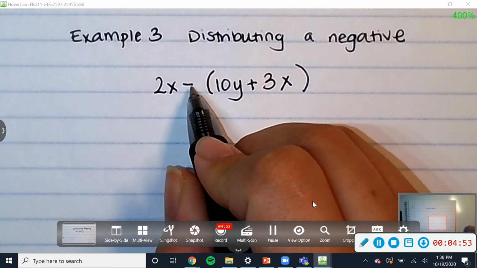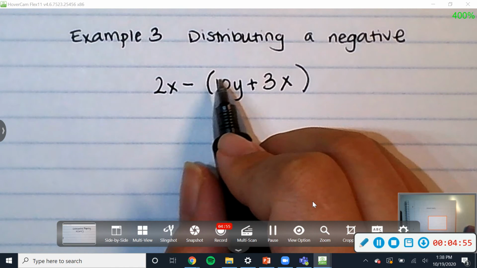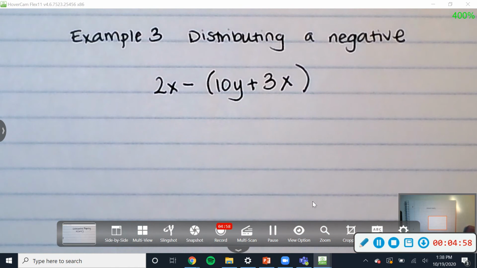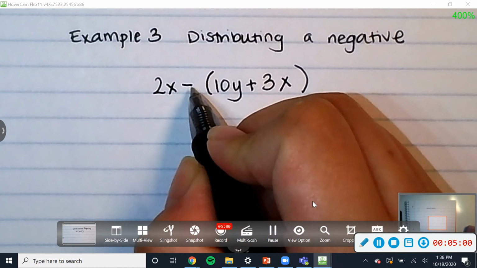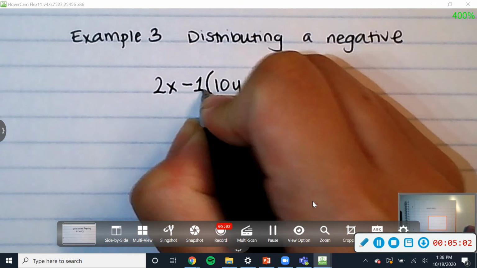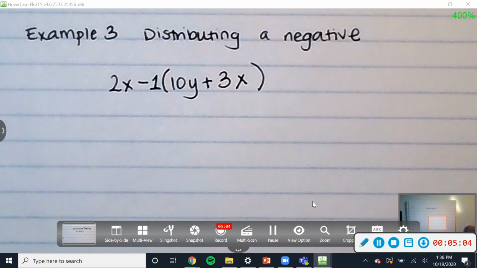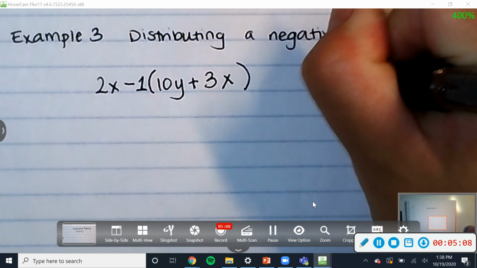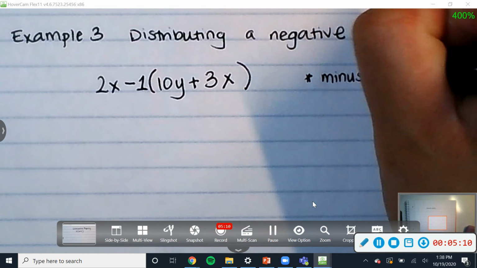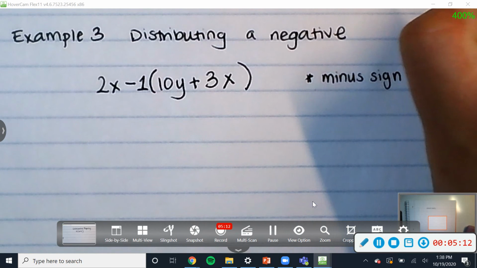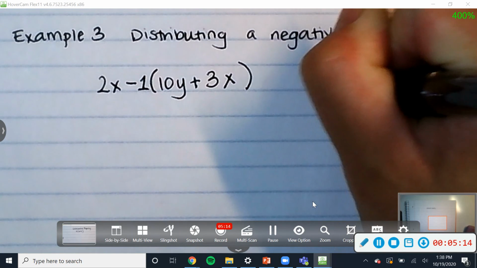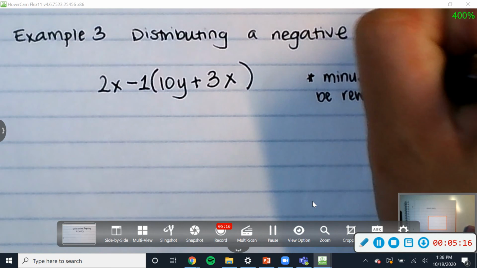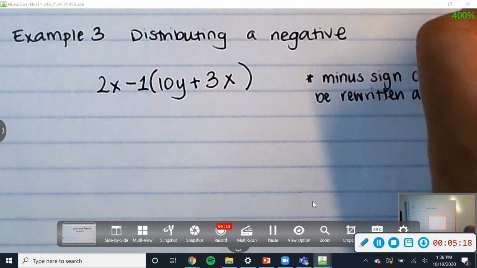Because there's a minus sign here, we actually want to distribute this negative. One way we can do this is think about this minus sign as a negative 1. We can always think about it this way. So a minus sign or a negative sign can be rewritten as a negative 1.